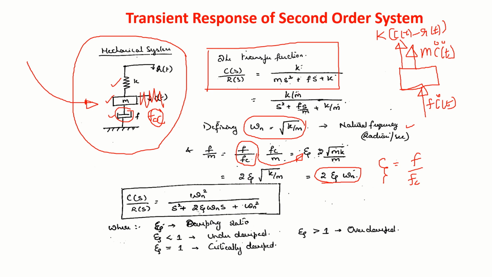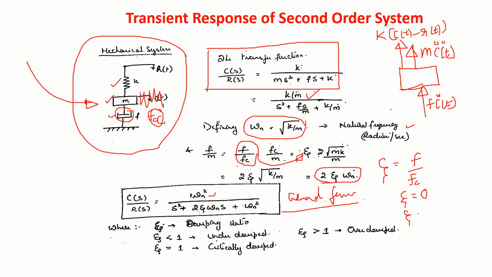Then to go back to this, let us replace this k by m by omega n square, s square, and f by m by 2 zeta omega n, and s, and k by m is omega n square. This is the general form of the second order system. So please know, if the value of zeta is equal to 0, such a system is called undamped system.